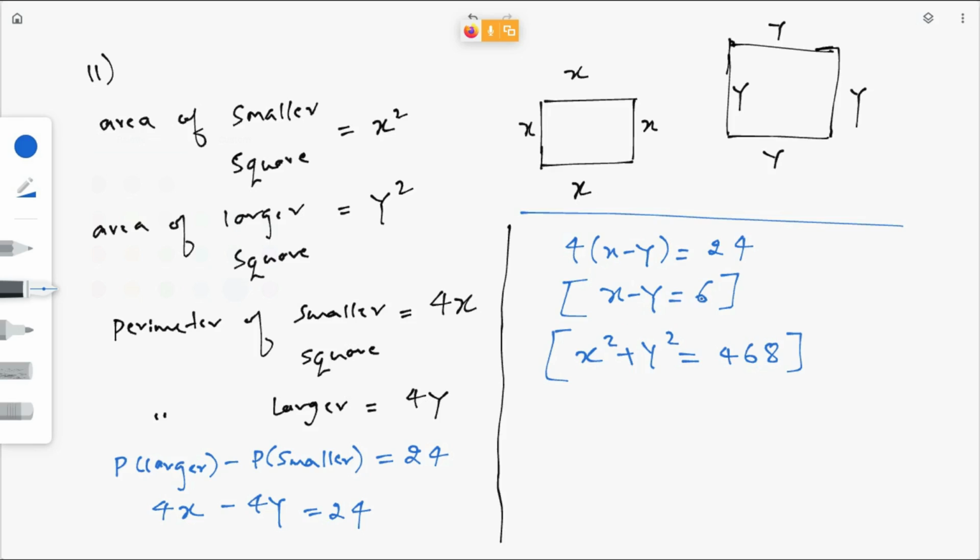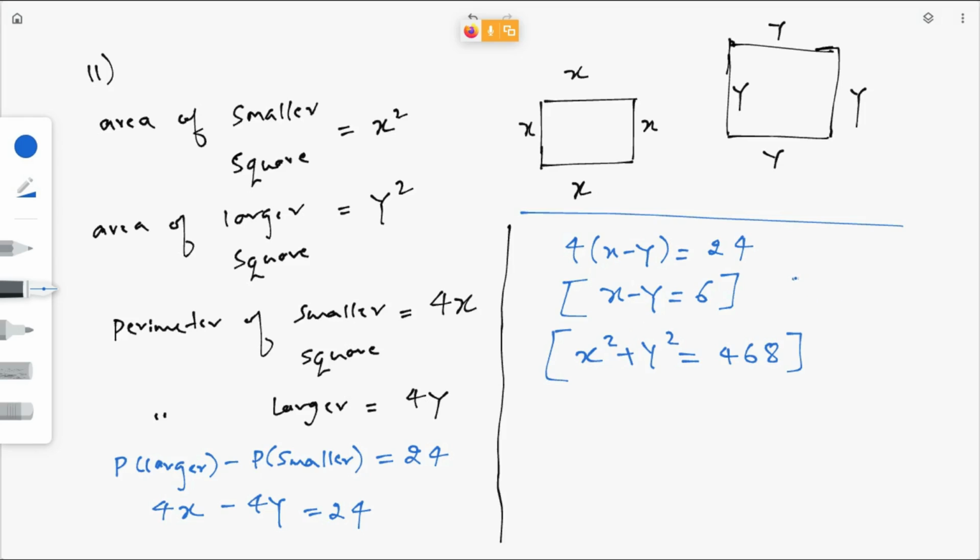x square plus y square is equal to 468, and x minus y is equal to 6. Till now we solved all the equations with the variable x, right? So here I will take this y to the RHS and 6 to the LHS.